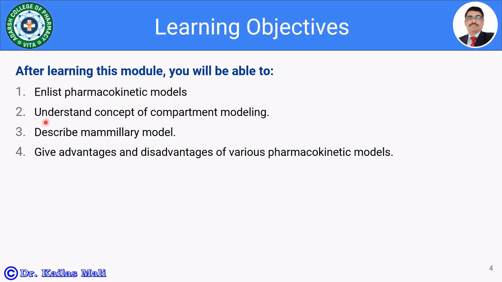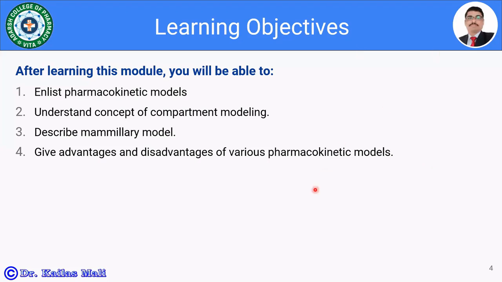You will be able to understand the concept of compartment modeling. You will be able to describe mammillary model and catenary model, and you will be able to write advantages and disadvantages of various pharmacokinetic models along with their application. So these are the learning objectives which I have set for today's session.